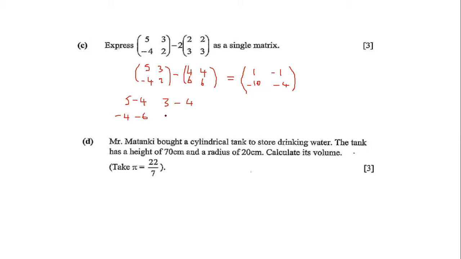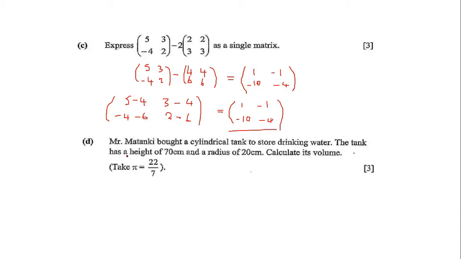Then we go to 2 minus 6. So this is the stage that you also need to show. After this, you are supposed to have now 1, then minus 1, then minus 10, then also minus 4. So you are supposed to show this, and that is how you show the answer.